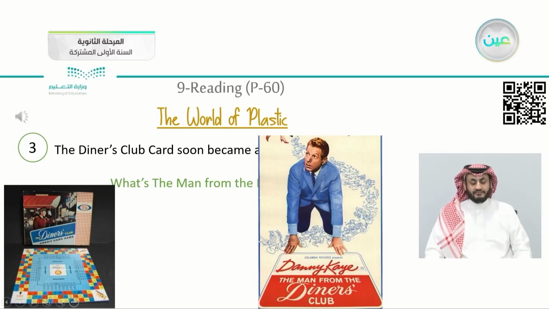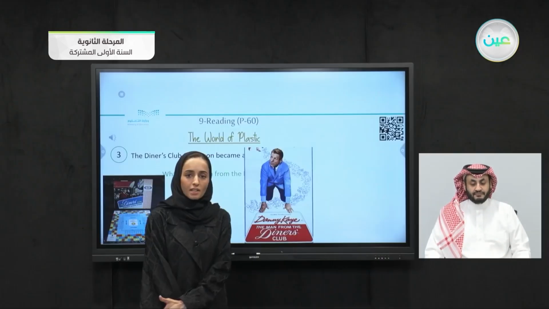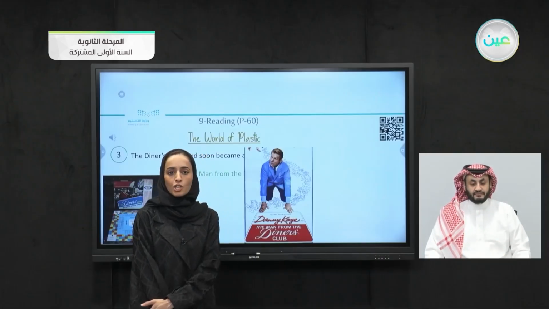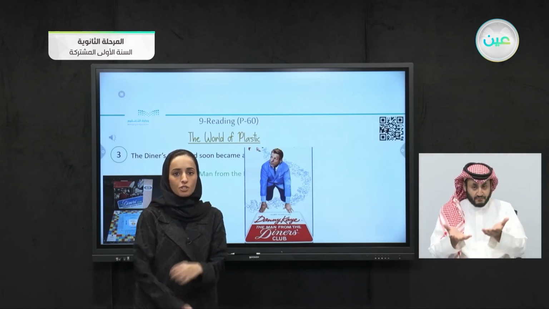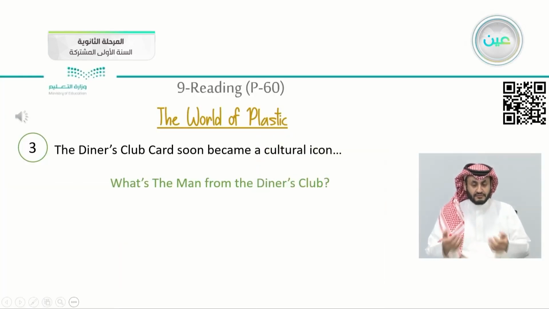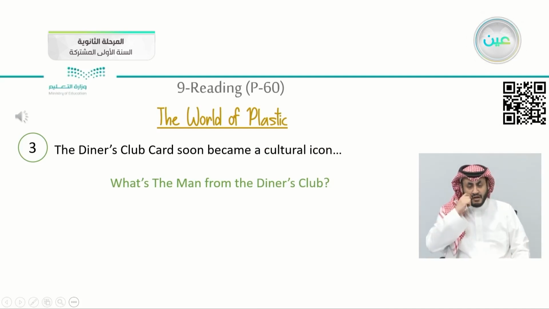Okay, so here we have the Diners Club card as a cultural icon. It represents the culture, the American culture. So what do we have here? What is The Man from the Diners Club? Can you tell us about it? It's a movie actually.